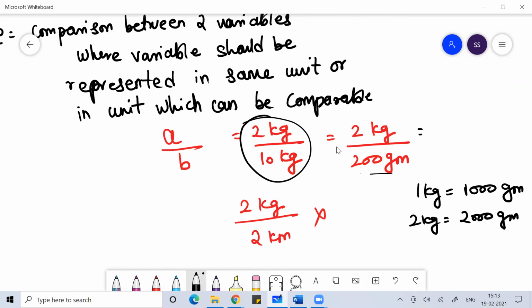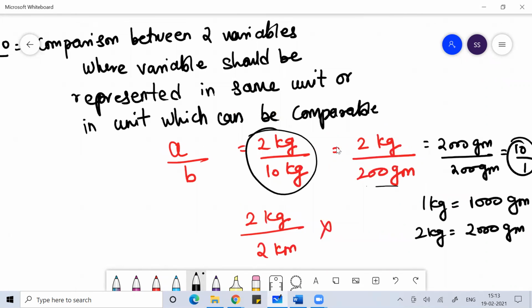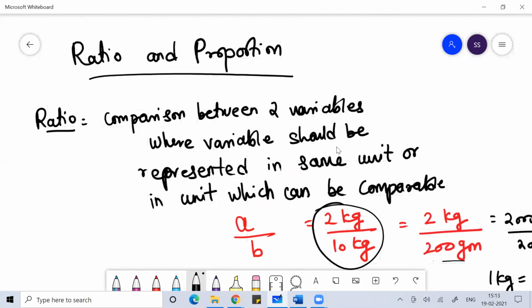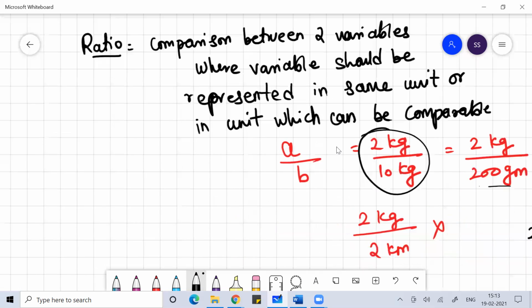Then I can write 2000 gram by 200 gram, and automatically I'll get the answer as 10 is to 1. So this will make some sense to us. I hope you are getting the logic. So ratio is all about comparison between two variables, where the variables should be represented in the same unit or in a unit which can be comparable.